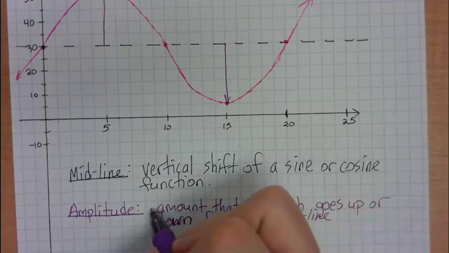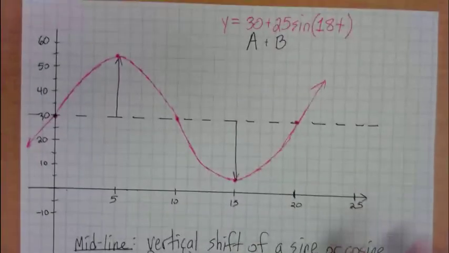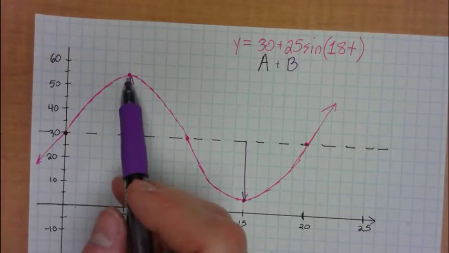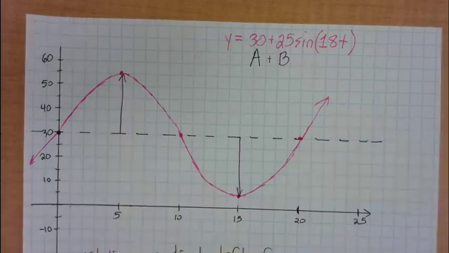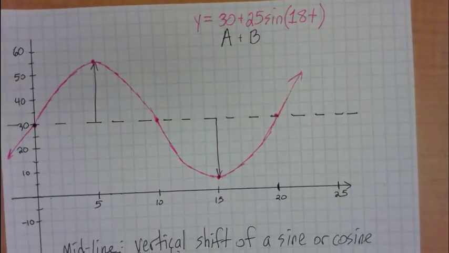You might also sometimes hear this referred to as a crest or a trough. You could say that those crests or troughs are the amplitude away from your midline. That's a different way that some people refer to that same thing.